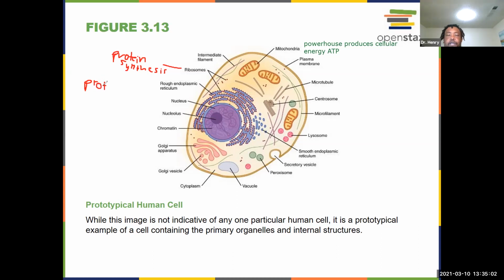The reason it's considered rough is because it has ribosomes on the surface, and the ribosomes will actually translate the protein into the membrane structure. It also does some modifications to these proteins, and then tags them for transport to the Golgi apparatus where they get further modified.